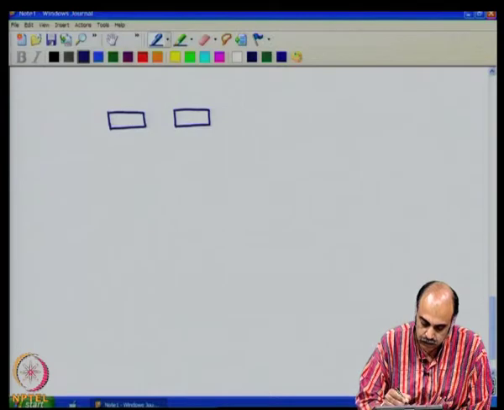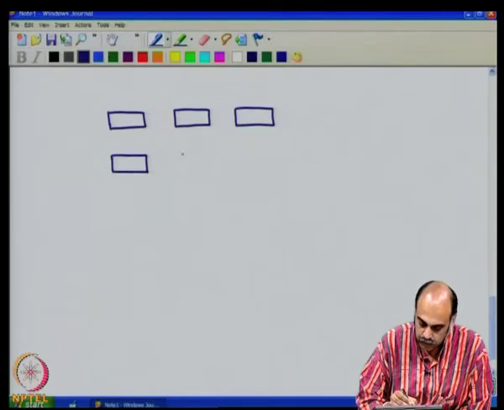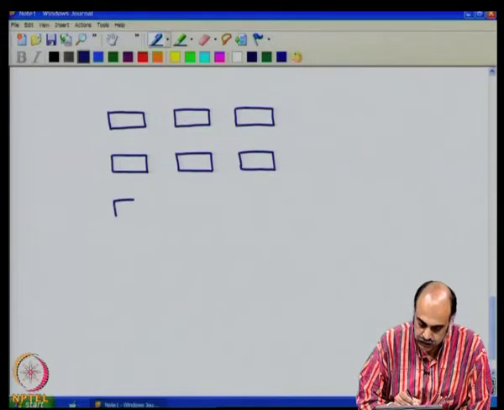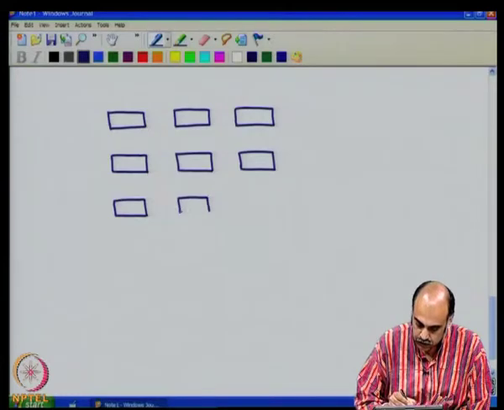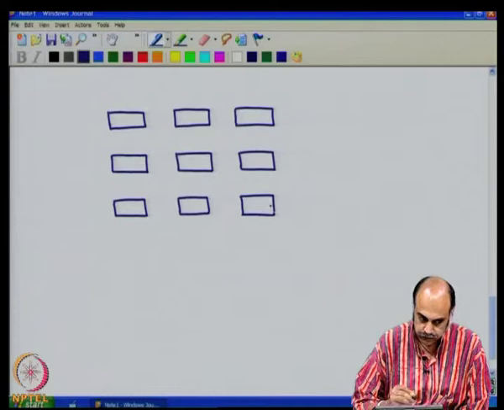It could be integrated circuit ICs, or it could be analog components, or it could be discrete components, any of them. So, let us say we have a matrix of components which are laid out like this.